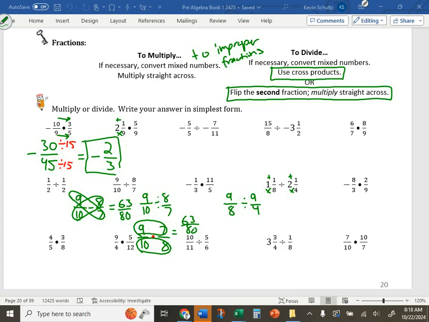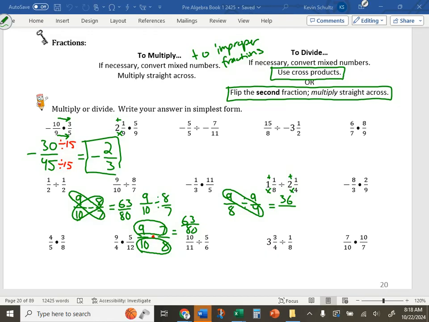Either cross products or flipping, what's the numerator of your answer? 36 is the numerator. If you use cross products, remember it's the position of that first number where that product goes. So 9 times 4, since 9 is in the numerator of your first fraction, that's where the 36 is going to go.